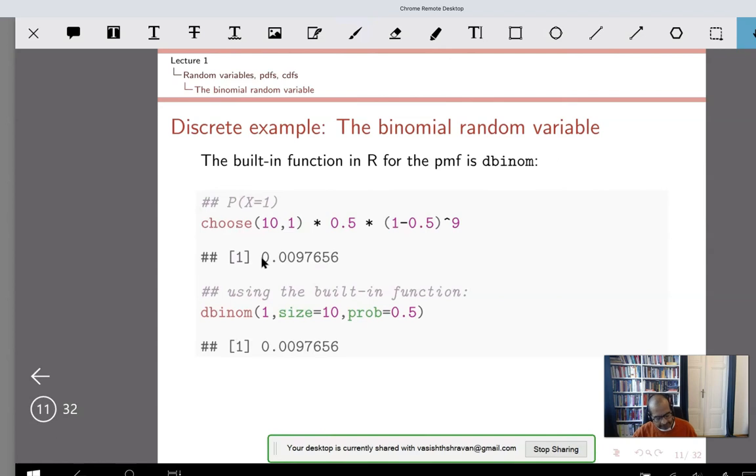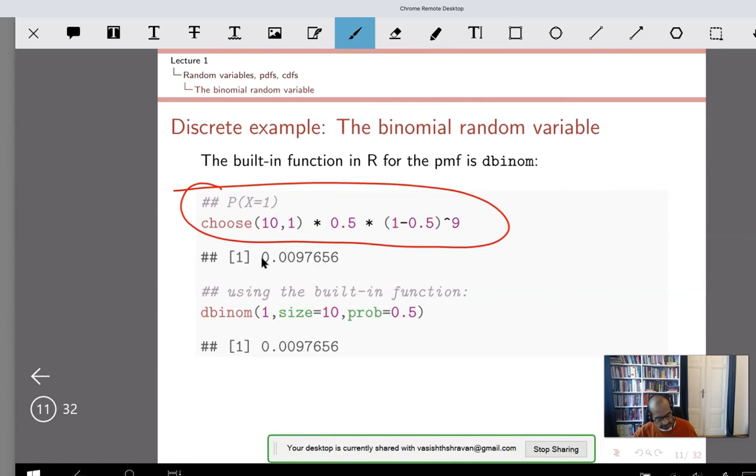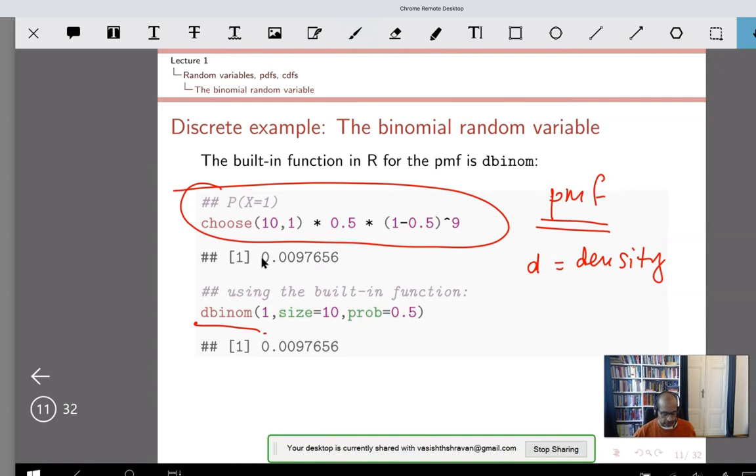So in the binomial case, this equation that I've been writing out by hand in R is the PMF, the probability mass function. In R, there's a function called dbinom. D is a very confusing letter here, because D stands for density. So this dbinom function allows you to calculate the probability mass function of the binomial random variable.